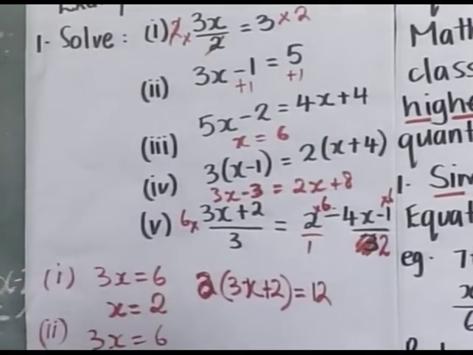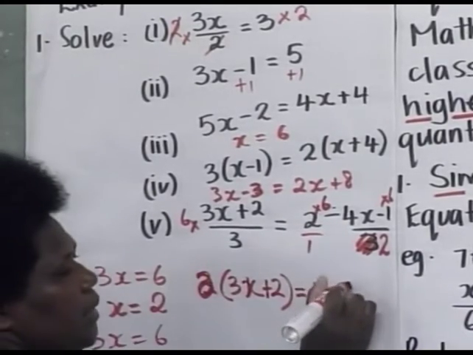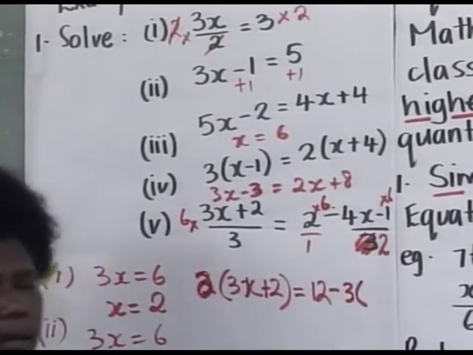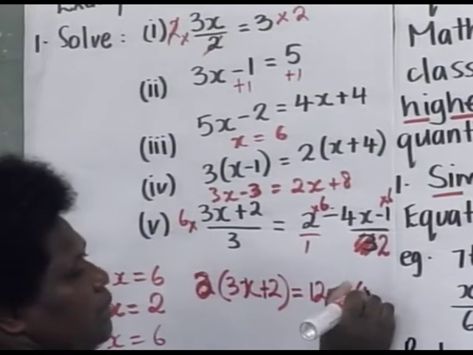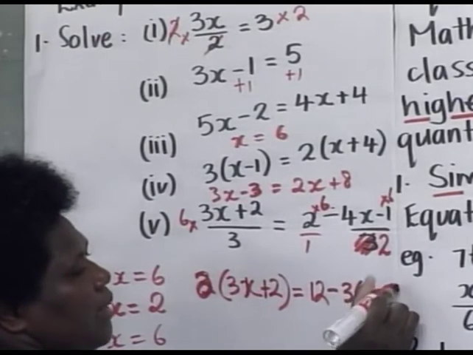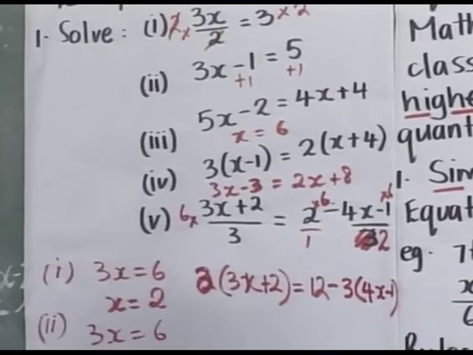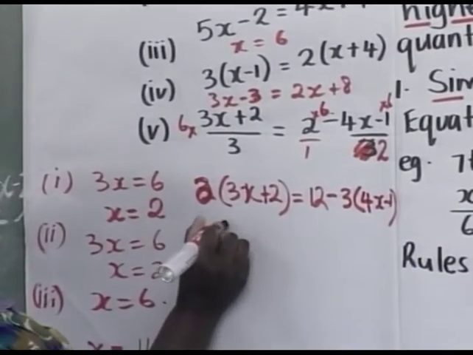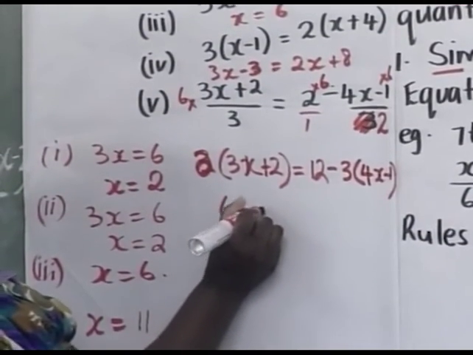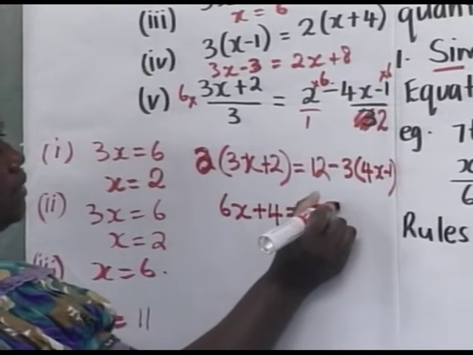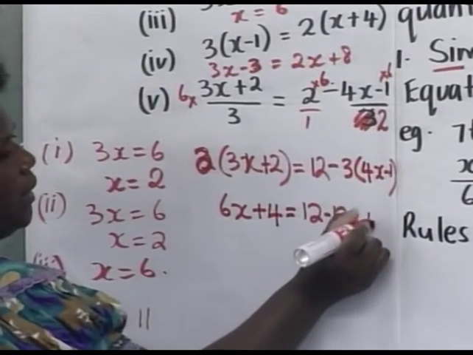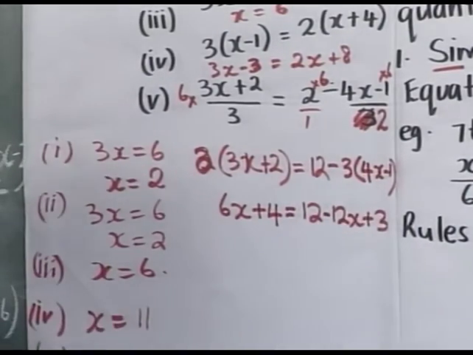And because of the negative sign, I must make sure I write that I multiply that negative number with 3. So minus 3 times 4x minus 1. Okay, which will now be 6x plus 4 equals 12 minus 12x plus 3.